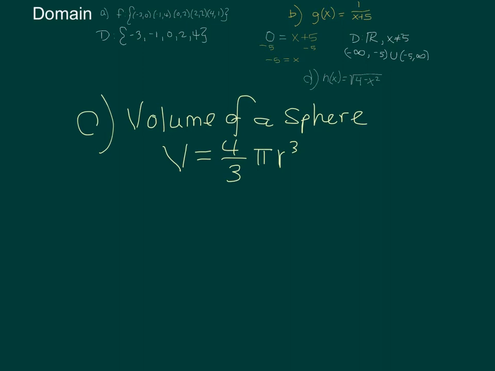I just have to reason through and think that I want r to be bigger than 0. So this is my domain here. My domain is all real numbers, r is all real numbers greater than 0.